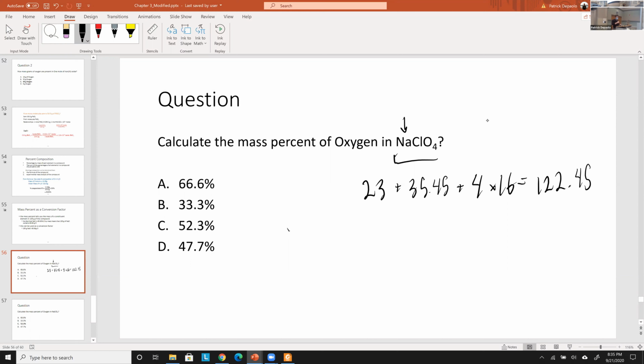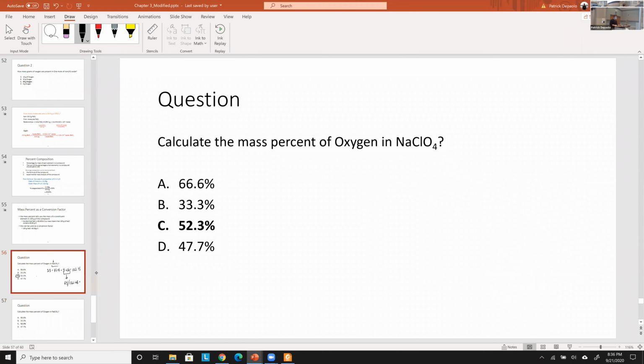It's asking for the mass percent of oxygen. So what percentage of this 122 is oxygen? This is oxygen, so that means 64 divided by 122.45. That's going to be a little bit more than half. So I think the answer is 52.3. And that's correct. Cool.